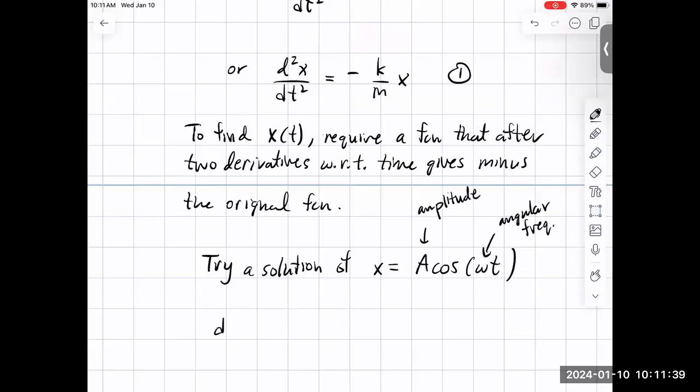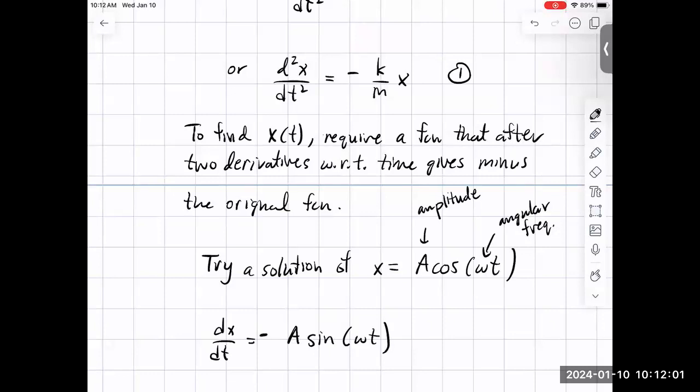So let's do dx/dt. What's the derivative of a cosine function? It becomes a sine. We'll have an omega t. We'll still have the A out front. What am I missing? A negative.